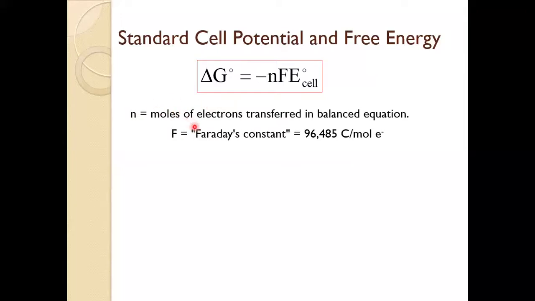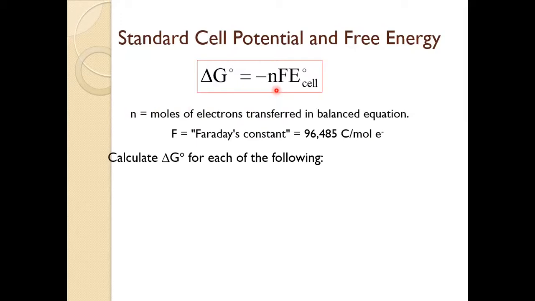And F is what's called Faraday's constant. It's a value we'll use not only in this context, but also a little bit later on, when we talk about electrolysis. It's essentially the total charge in 1 mole of electrons. So 96,485 coulombs per mole of electrons is our Faraday's constant we'll use for this equation and other equations.